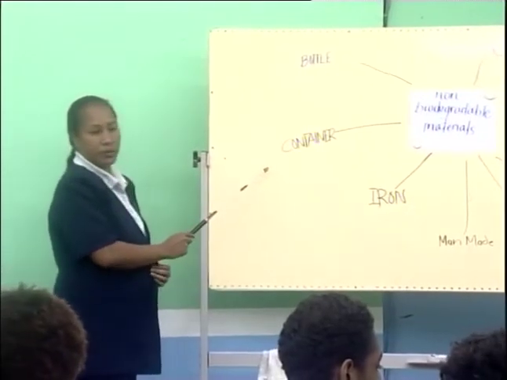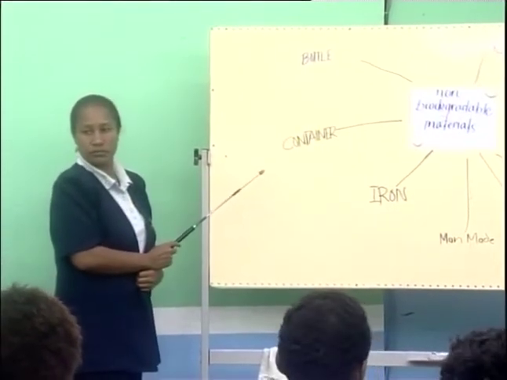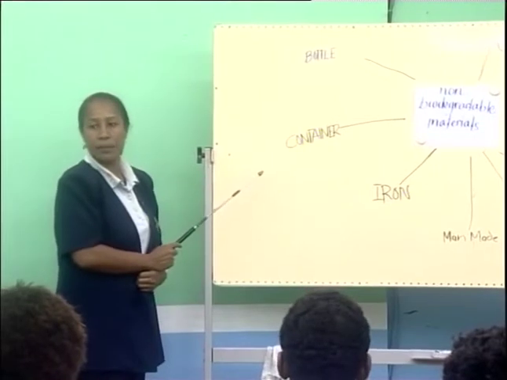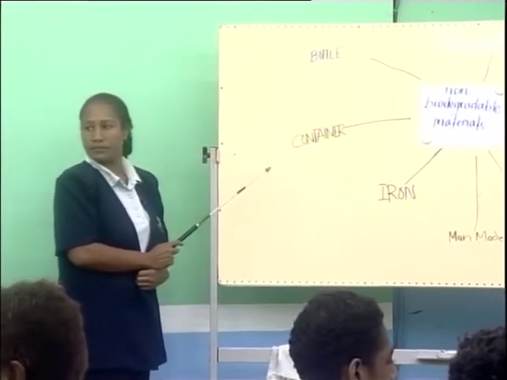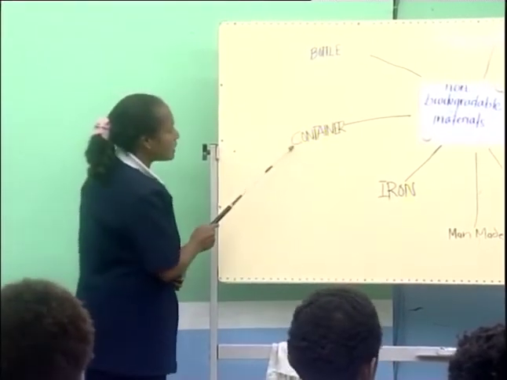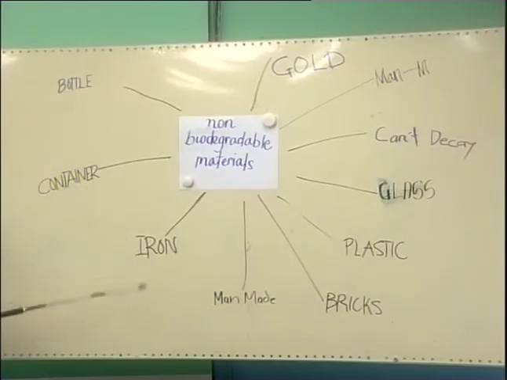What container are we referring to? All right. Which group came up with this? Okay, so we are talking about the plastic container, iron bottle, man-made, bricks, plastic, glass, can't decay, gold. Let's leave that other one out.